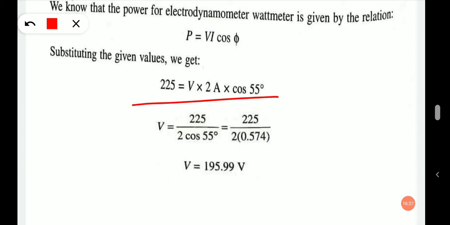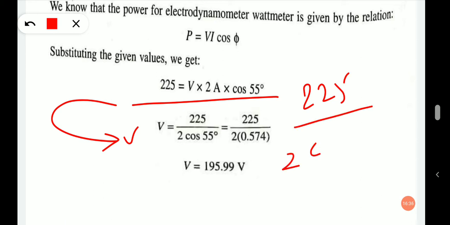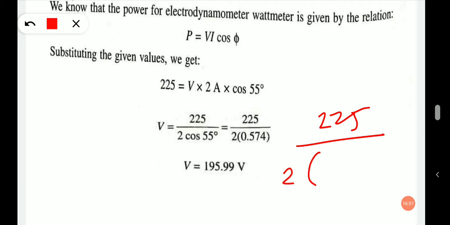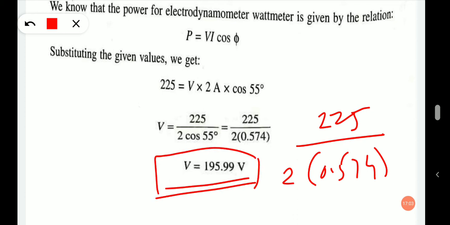After this equation we can write the equation for V. For V it will be 225 upon 2 cos 55. So cos 55 will be 0.574. So V equals 225 by 2 into 0.574. After calculating we get the voltage V as 195.99 volt.